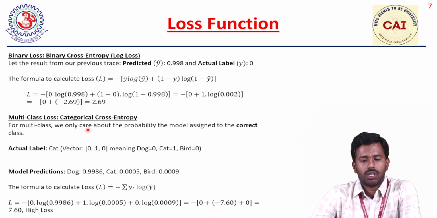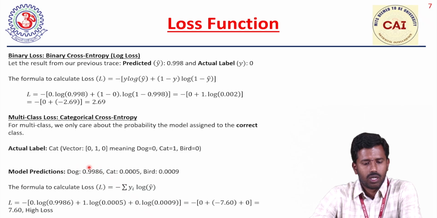Now when it comes to multi-class classification, here the actual vector, which is 1 by 3 for dog, cat, and bird, is given as 0, 1, 0. So the actual input image which I am giving to the model is a cat, but my model predicted it as a dog. So here also there is a misclassification.